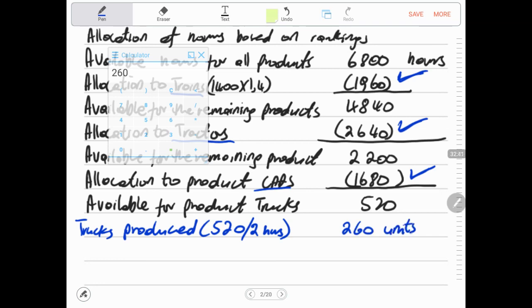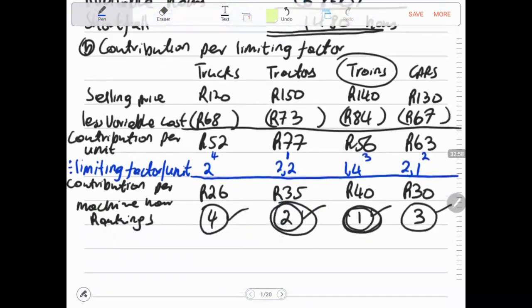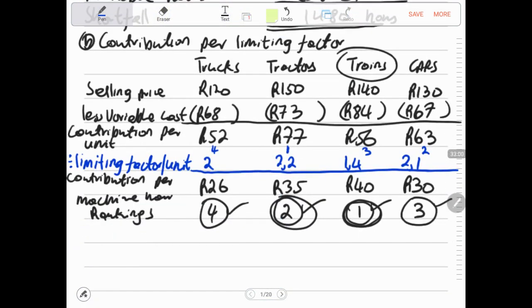So now for all other products, they will be manufactured up to their demand. But for trucks, we can only manufacture 260 units of trucks because we are not making enough profit when it comes to trucks per limiting factor. We are only making 26 Rand per unit, but all other products, they are making more money.